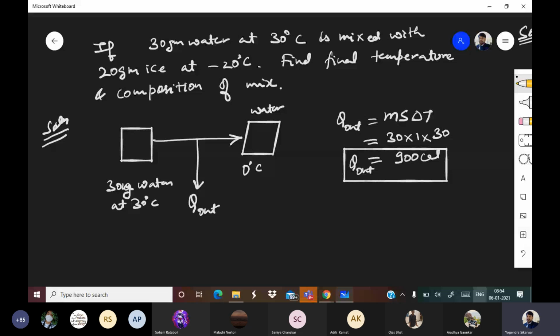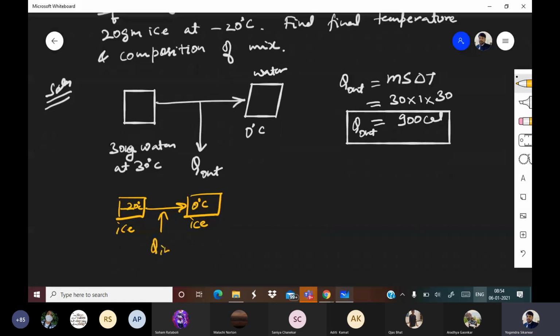Now we have ice at minus 20 degrees Celsius. First of all, we need to bring it to ice at 0 degrees Celsius. So we need to give energy.